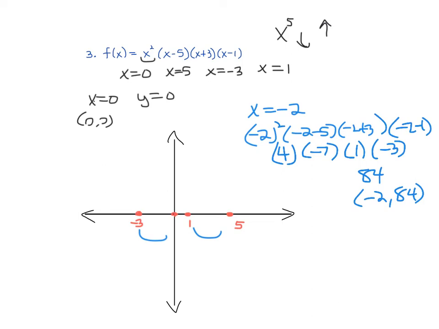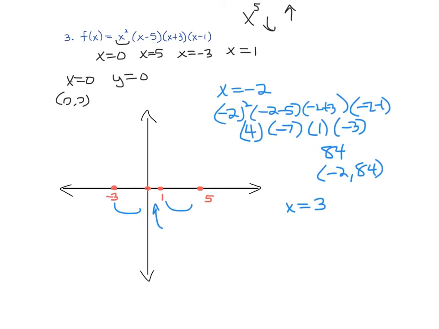So that additional point is at negative 2, positive 84. Then I can also pick a point in between 1 and 5. For this one, I'll plug in 3. So 3 squared. And then here gives me 3 minus 5, 3 plus 3, and 3 minus 1.